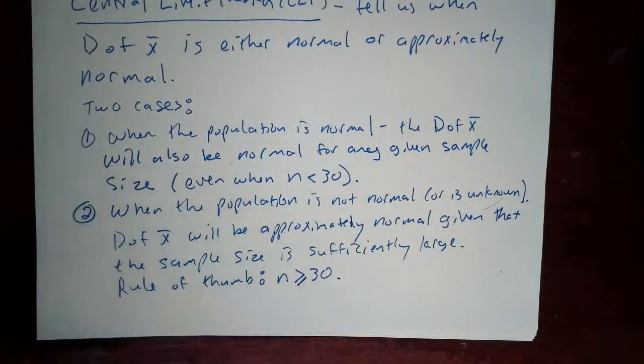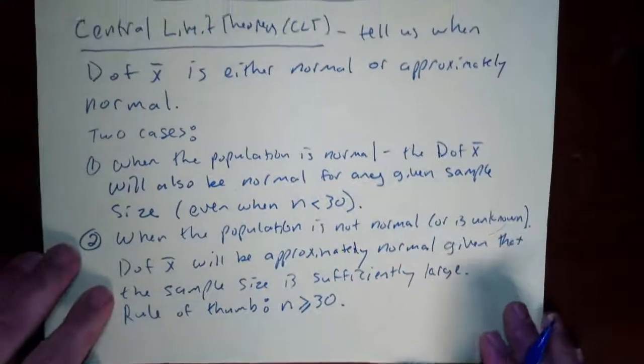As long as we have large enough samples, we can assume that the distribution of the sample means will be either normal or approximately normal, and that's going to allow us to make statistical inferences. Okay? Let me draw a diagram here to help you understand what's going on.